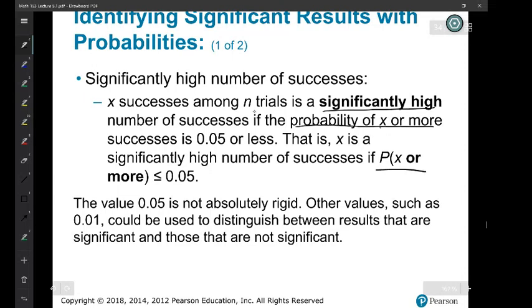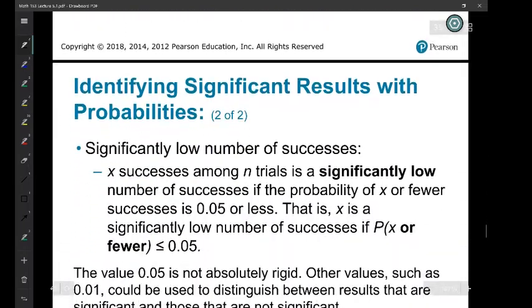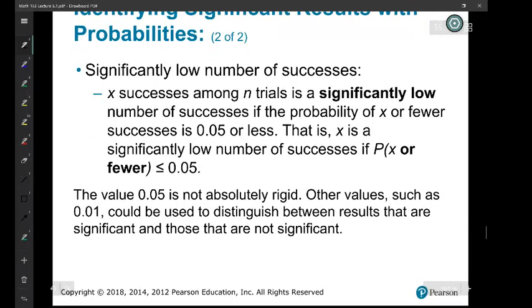If the probability of X or more is less than or equal to 0.05, it's significantly high. And similarly, it's considered significantly low if the probability of X or fewer is less than or equal to 0.05.